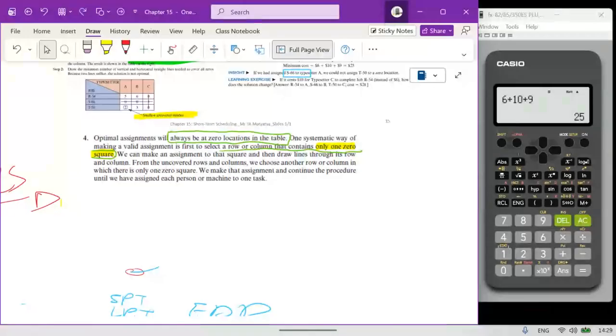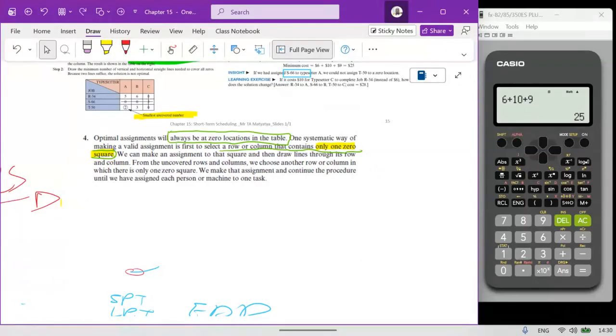From the uncovered rows and columns, we choose another row or column in which there is only 1 0 square. We make that assignment and continue the procedure until we have assigned each person or machine to one task.